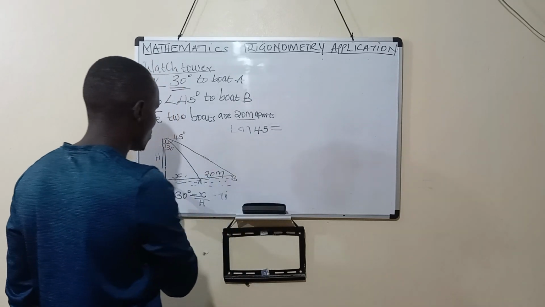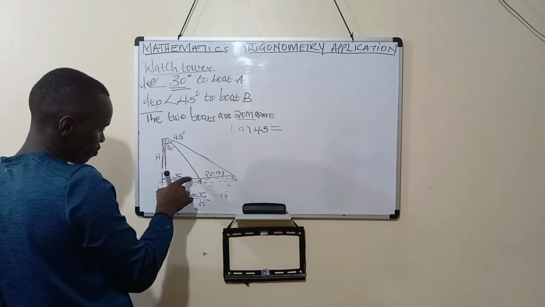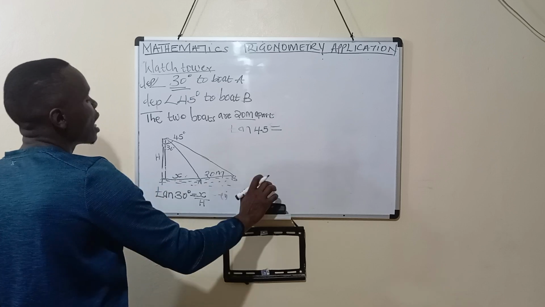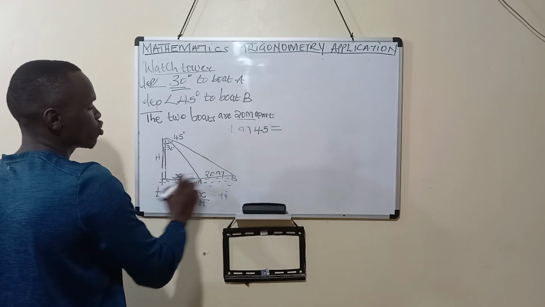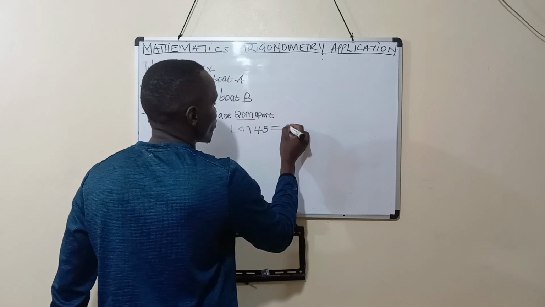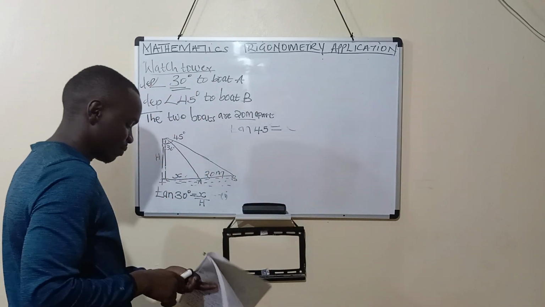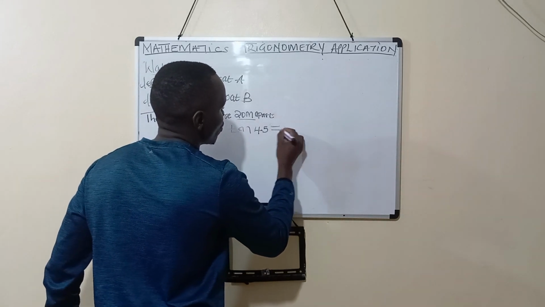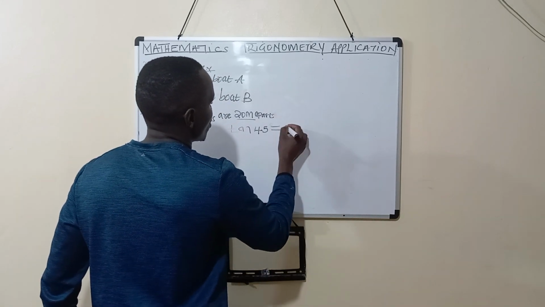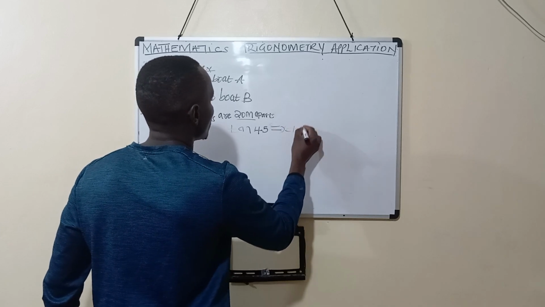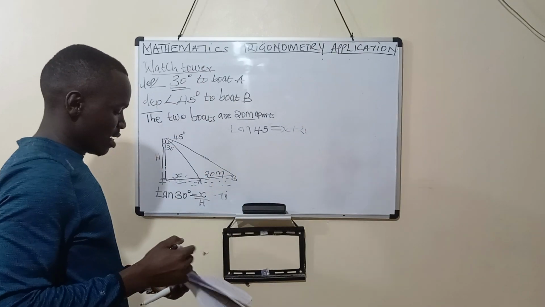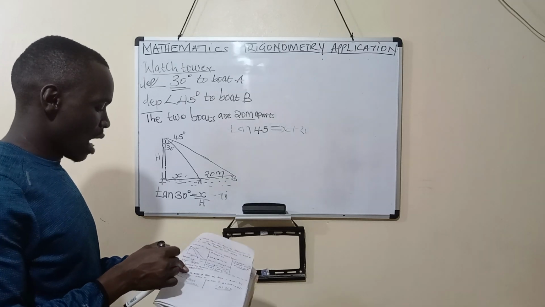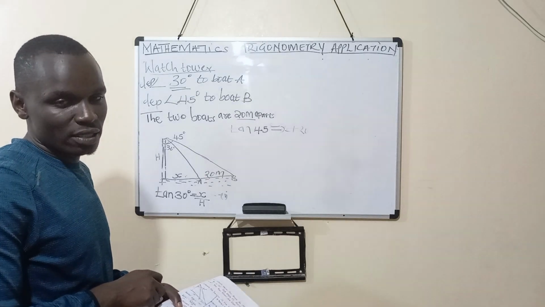The opposite of the whole of this angle is the whole of this base here, from the foot of the tower to B, which is x plus 20. Now, guys, because my tools are kind of misbehaving, allow me to solve this one in the next lesson.